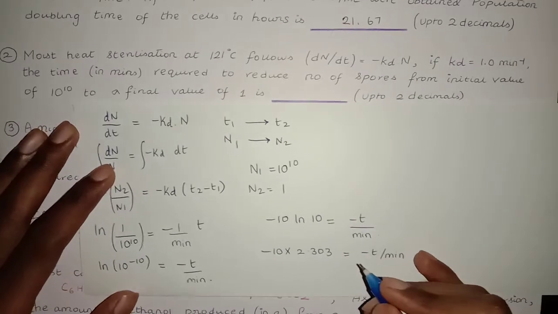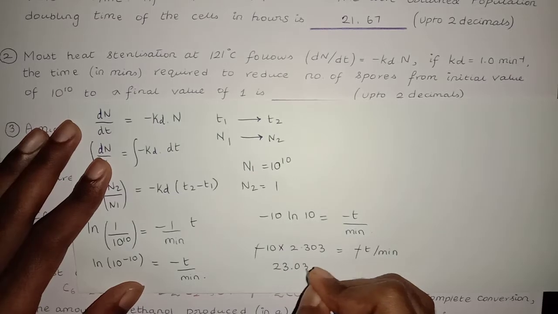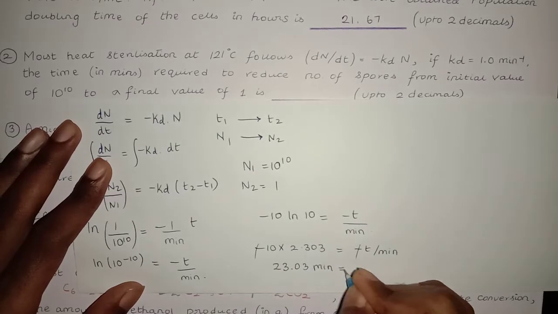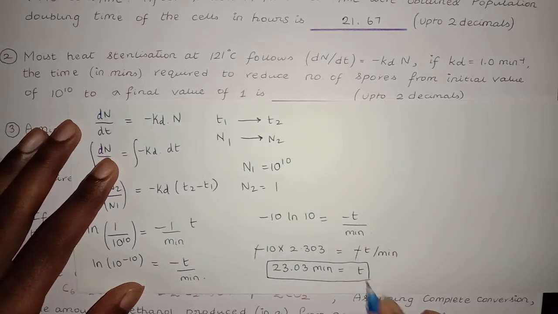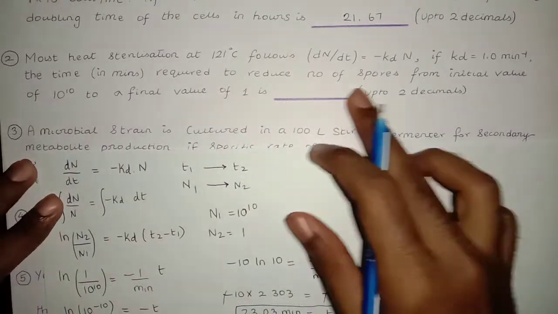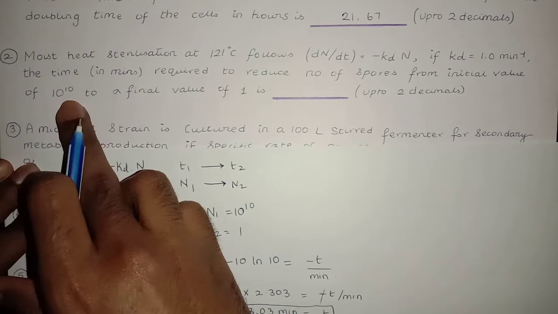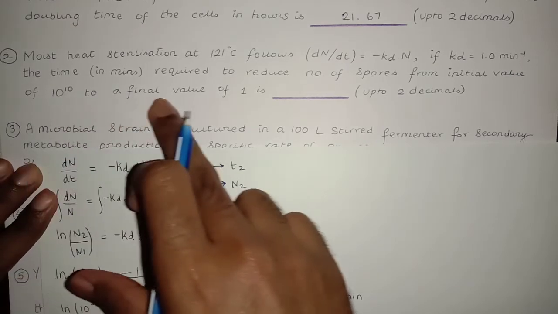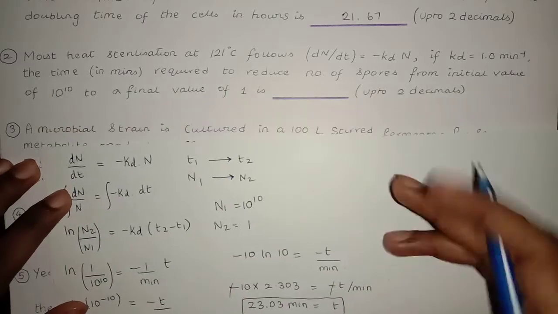Let's cancel the negative sign on both sides. Minus minus cancel out. Therefore 23.03 minutes is the time required to make the number of cells go from 10^10 to 1. So the time required to reduce the spore count from an initial value of 10^10 to a final value of 1 is 23.03 minutes.